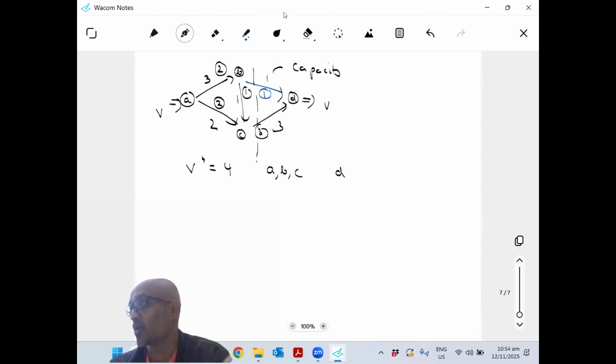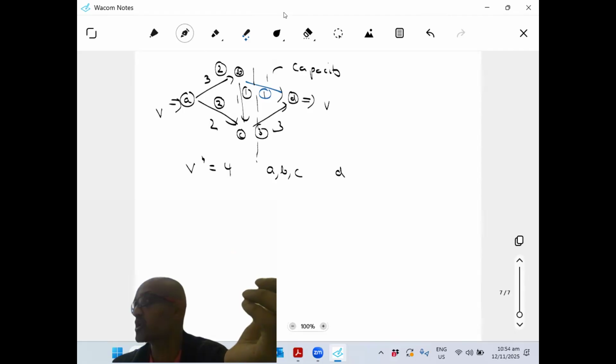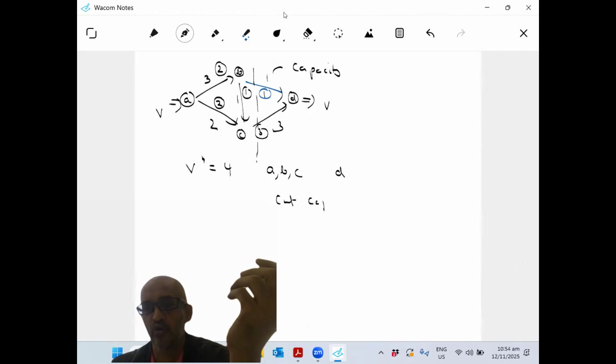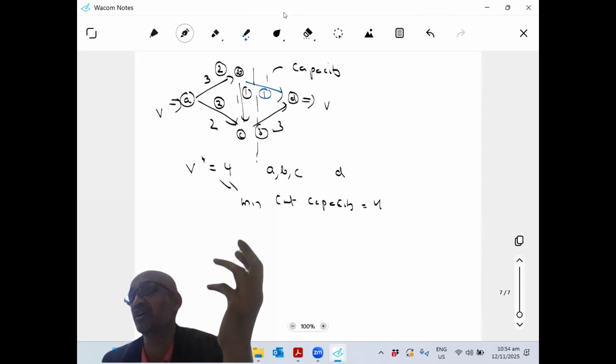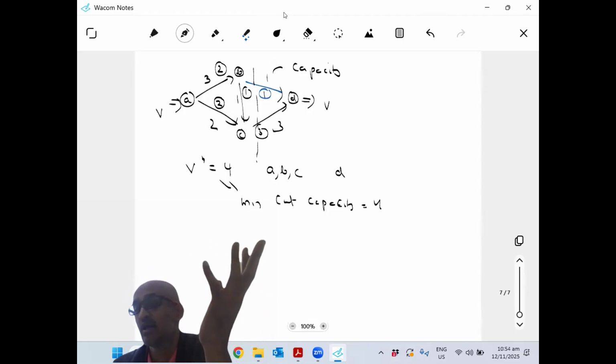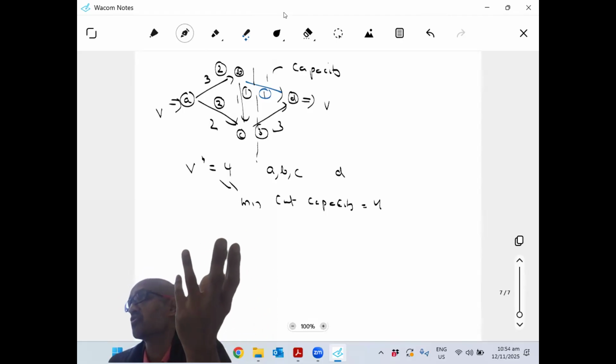It's partitioning, right? What is the cut capacity? 1 plus 3, 4. So cut capacity is 4, which is exactly max flow. If you take this, 3 plus 2, 5, that's a cut capacity of 5. That's not a min cut. And I claim you cannot do smaller than this.